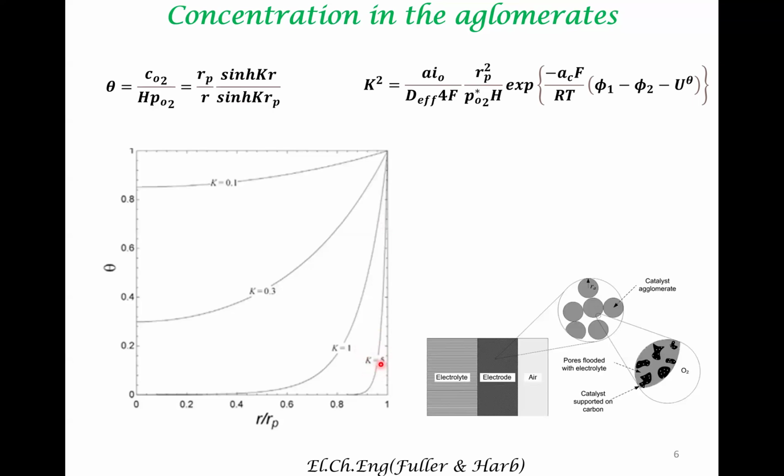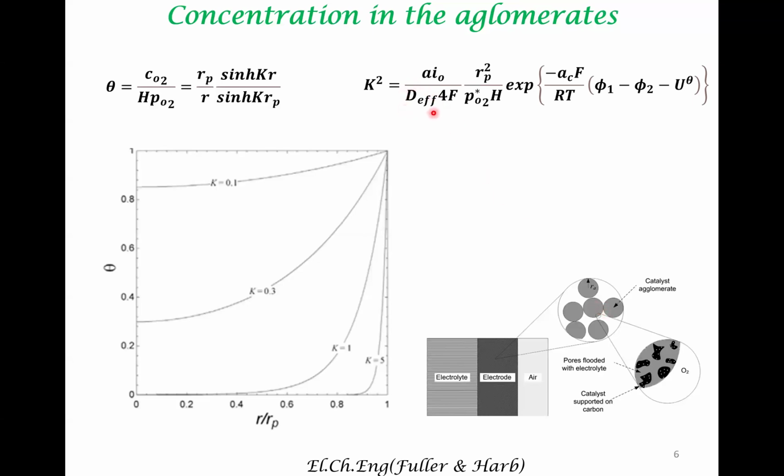Let's understand what K is. K would increase with particle size, right? That makes sense. If the particle is larger, there is a greater chance of significant transport restrictions for the transport of O2.